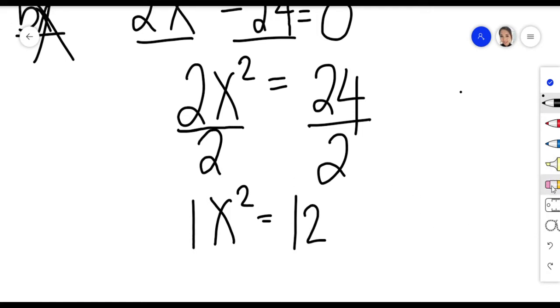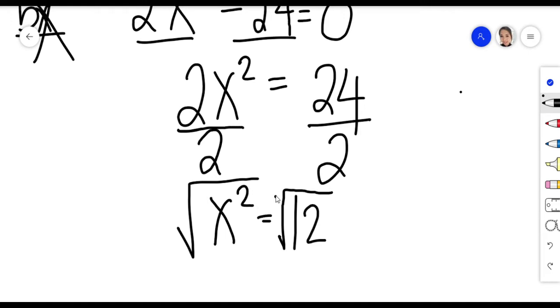So I will just erase this one since it's already understood that there is a coefficient 1 here. So the line is already x squared equals 12. We can now apply extracting square roots. Write the square root symbol on both sides of our equation.